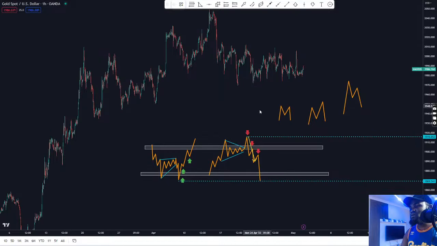Here we have just small stuff. We have a double top, right? And we have an induced M pattern, and also we have an induced M pattern.